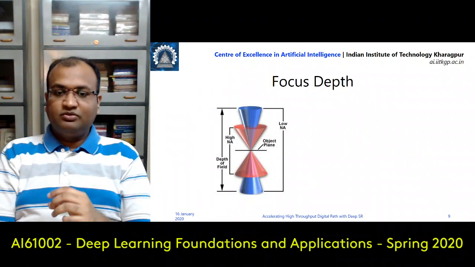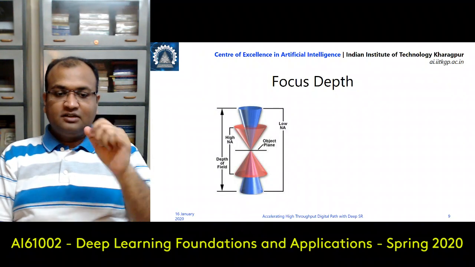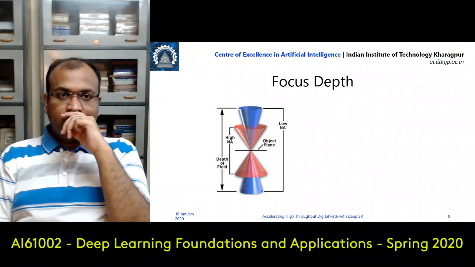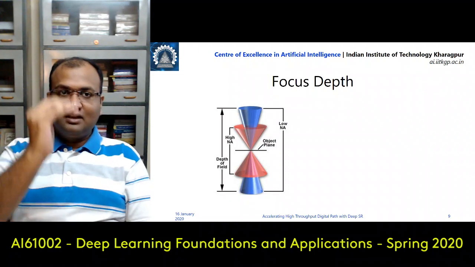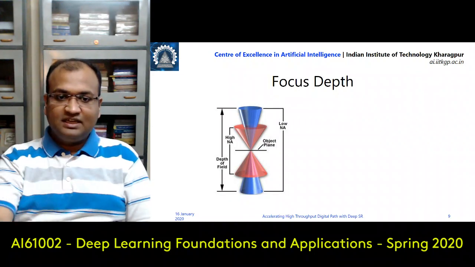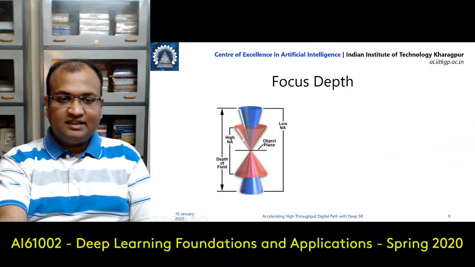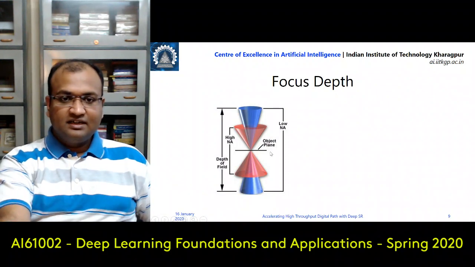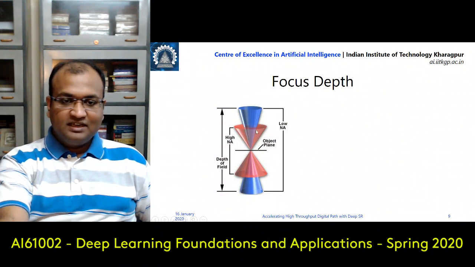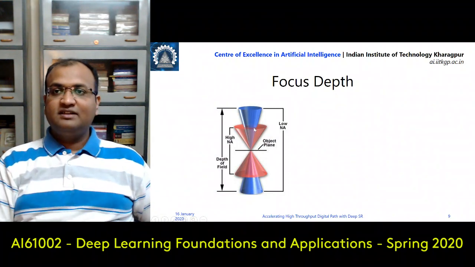Now, the other fact is that between two lines which can be resolved, you will see that it's never a point, but a distance which you can traverse. So essentially, what this means is that if your object plane is over here, then whatever is the difference between these two points being cast on the image, if you move this object plane till here or here, you will be able to see a similar kind of difference.